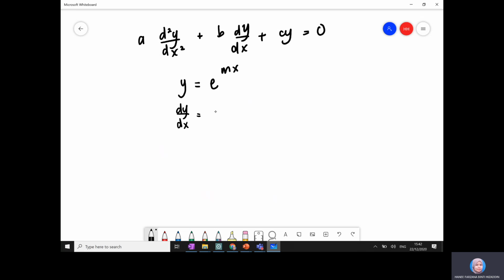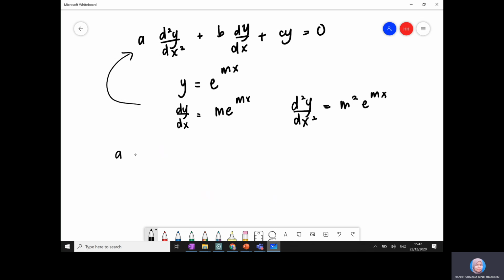Okay, so dy/dx is equal to m e^(mx), and d²y/dx² is equal to m² e^(mx). Then we put all of this into the general form of the ODE.